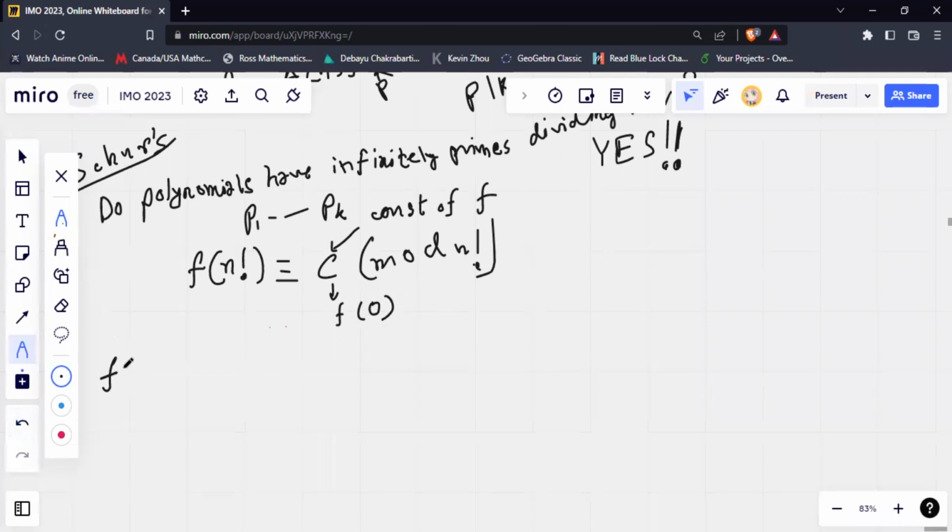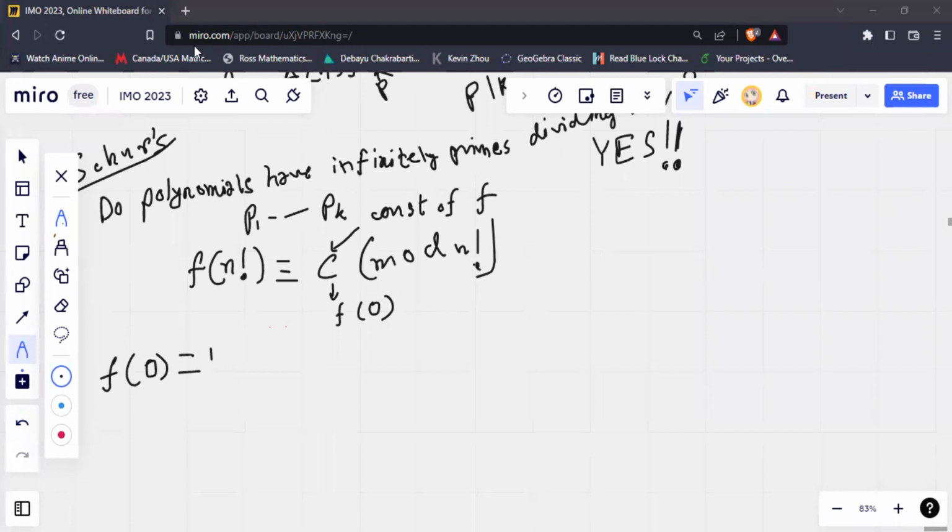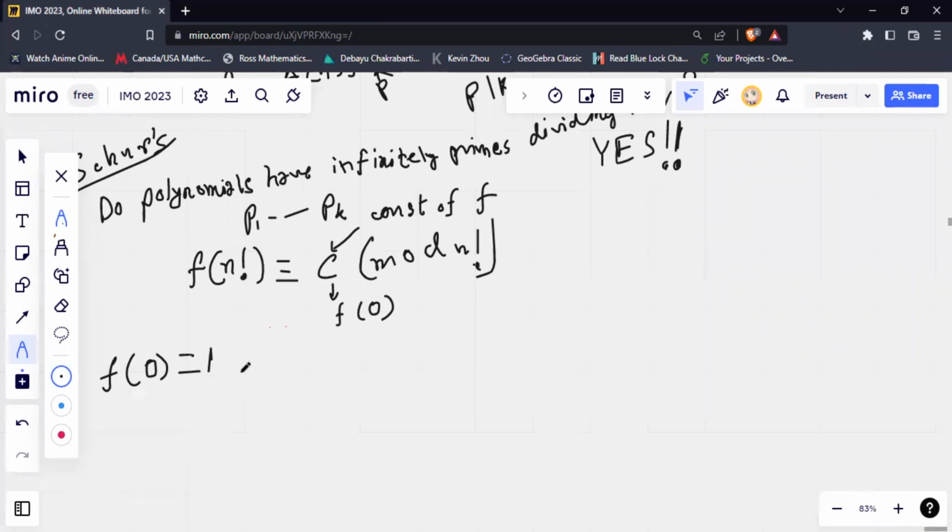Okay, let's see what happens if f of 0 is 1. So if f of 0 is 1, what happens? F of n factorial is 1 modulo n factorial, right?